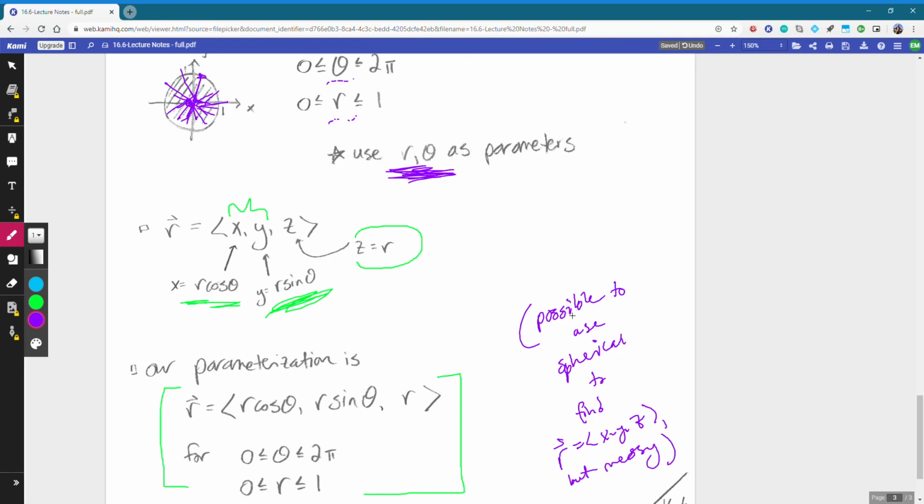But it would be a great exercise if you wanted to try that out and see if you could describe the cone in spherical and then use that to find the x, y, and z components of a parameterization, as well as the domain for your parameters.